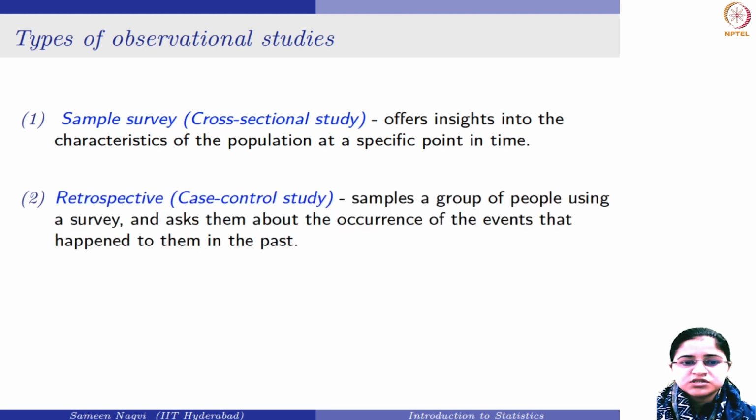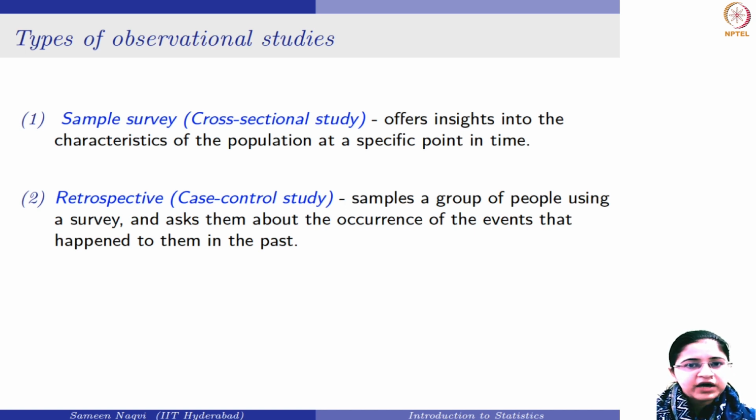As opposed to this, we have the other one, which is retrospective. Retrospective, as the name itself suggests, is referring to something in the past. And it is also known as a case control study. So you will have 2 groups. One is referred to as the case and the other one is referred to as the control. Like you did for the lung cancer example.